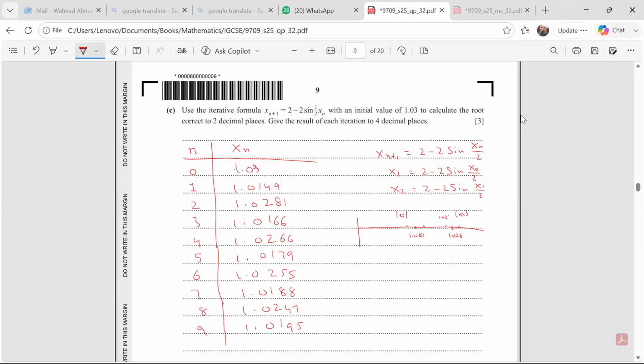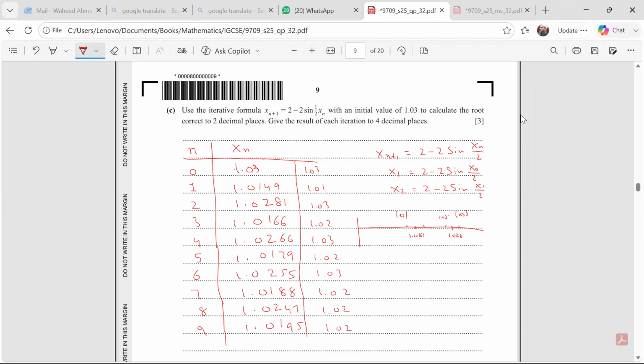If I make an approximation up to 2 digits, this is 1.03, this is 1.01, 1.03, 1.02, 1.03, 1.02, 1.03, 1.02, 1.02, 1.02.